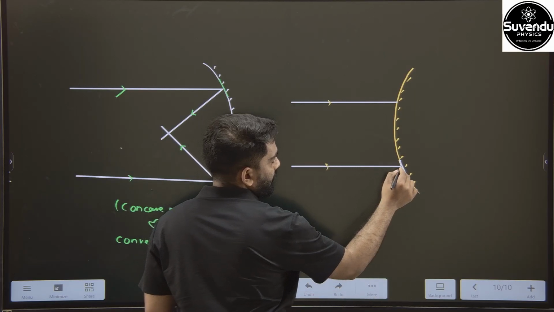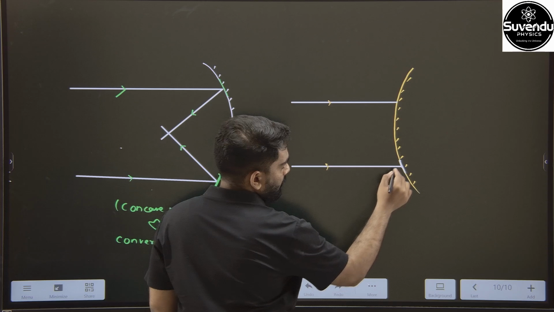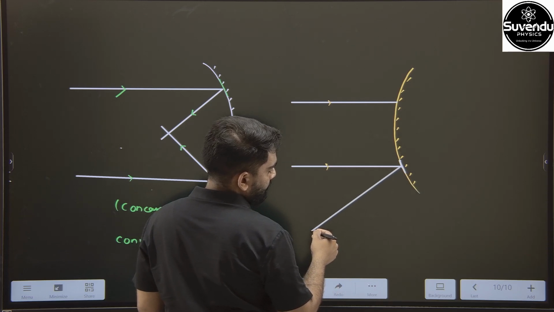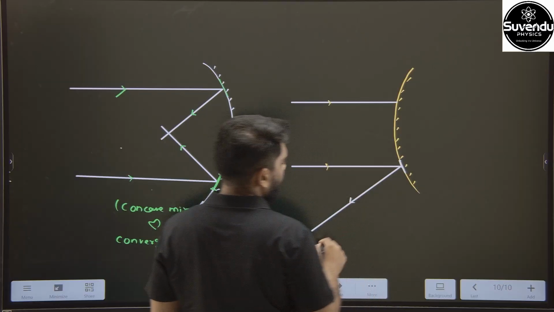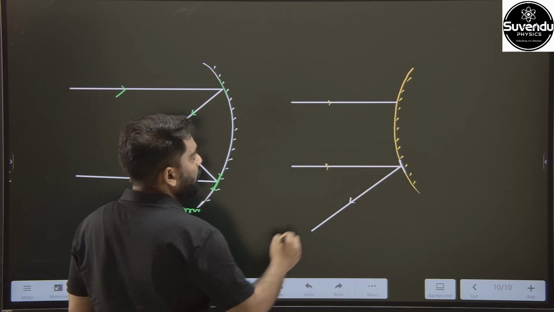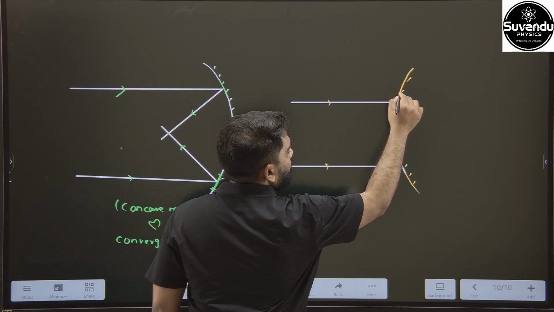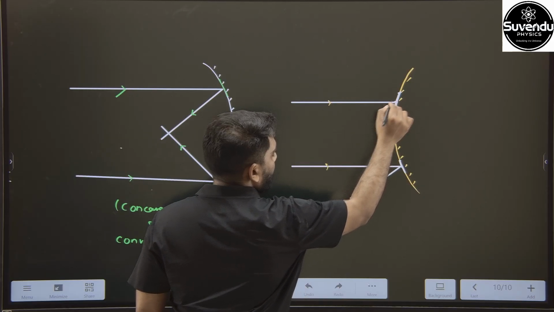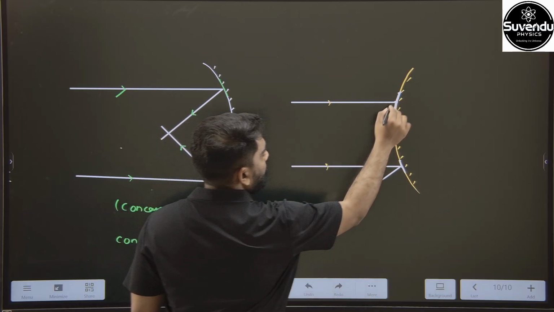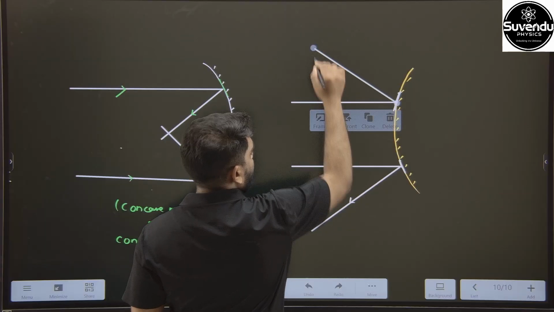This is incident ray. So this will be the reflected ray. And in this case, this arrow mark represents reflected ray direction. Same thing, out of the whole, this small portion behaves as a plane surface. This is incident ray. This is point of incidence. As per law of reflection, this will be the reflected ray.